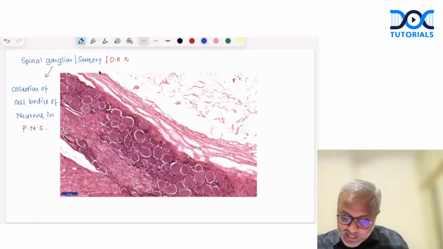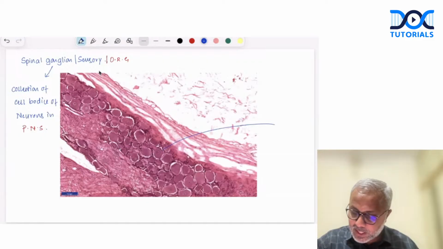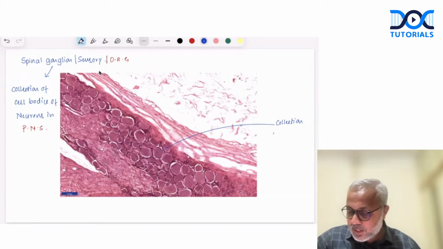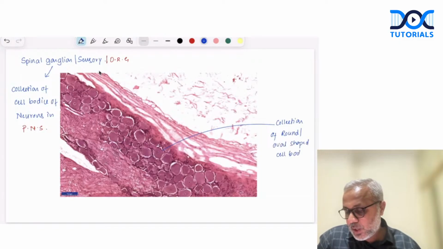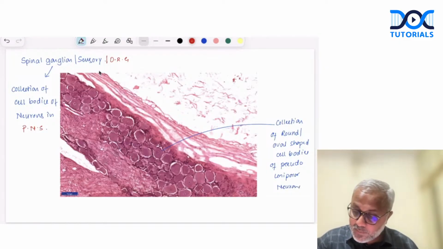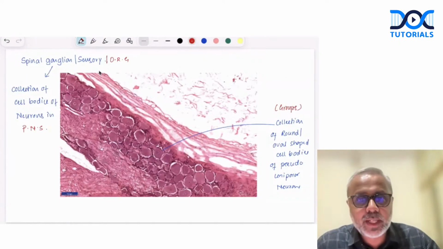Remember, the characteristic feature of this ganglion begins with identification of the collection of round or oval shaped cell bodies of pseudounipolar neurons, right? Now, how do you find this collection? Remember, this is always found in groups. We will see the next slide. You will understand it a lot better.